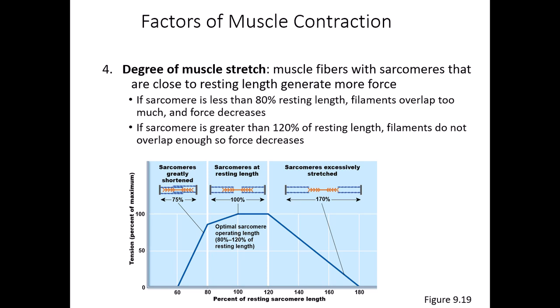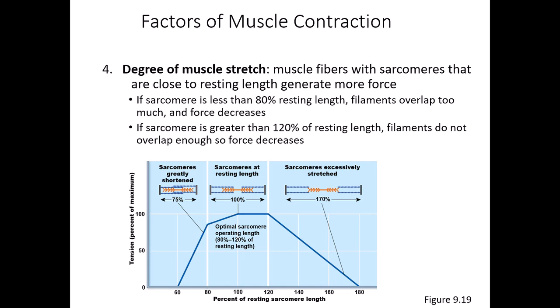If the sarcomere is greater than that 120% of resting length, the filaments do not overlap enough, and so force decreases. Okay, so too short or too long decreases the efficiency, preventing that cross bridge formation and the optimal amount of muscle contraction force.